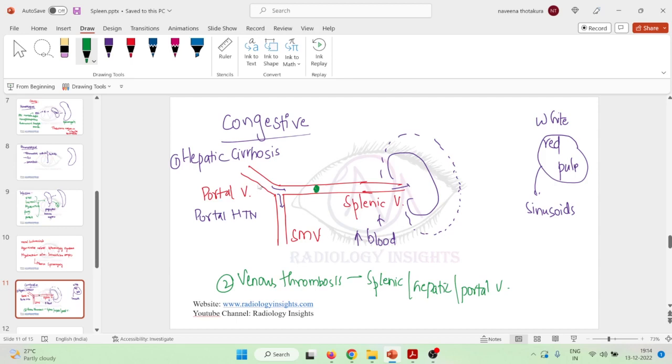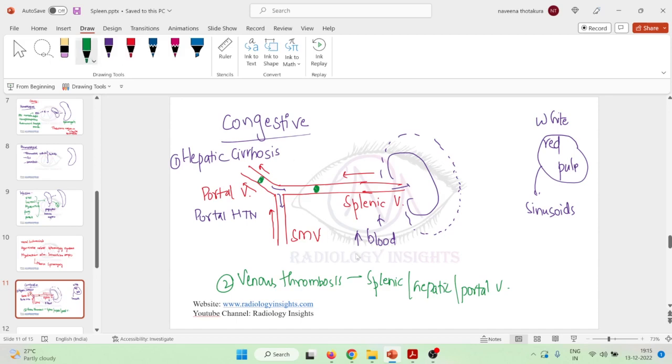Because if there is a thrombus in the splenic, portal or hepatic vein, the blood in the splenic vein and the blood in the superior mesenteric vein are both drained into the portal vein, right? So whenever there is thrombosis, this drainage of the blood is hampered, and as a result there is increased blood volume in the spleen, dilatation of sinusoids, leading to splenomegaly again.